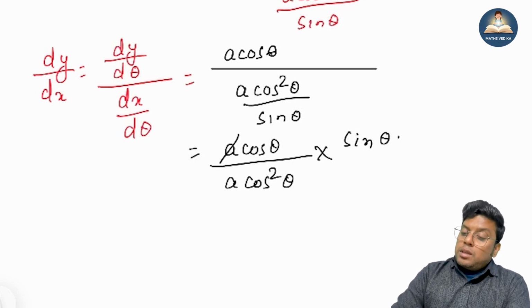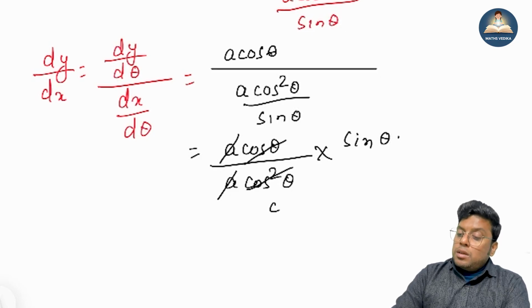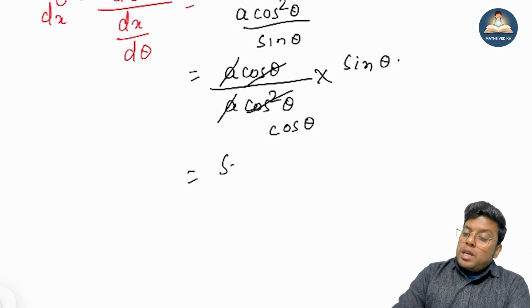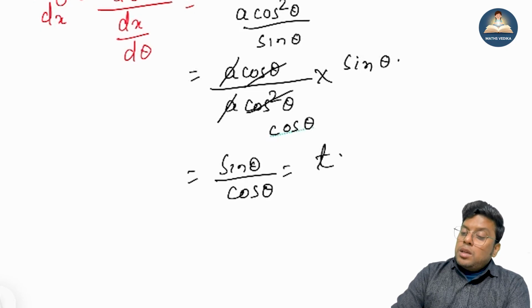So here cancelling a and cos theta, we'll have sin theta by cos theta, which is equal to tan theta.